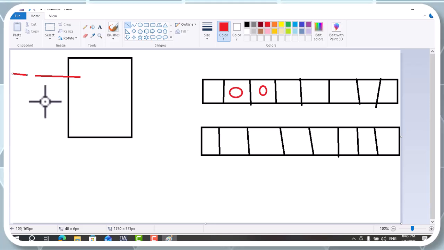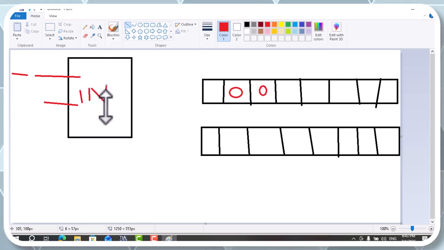And here we have two inputs. First of them is the in1. Like this. And another is the n, which indicates the number of steps which we want to shift our bits.